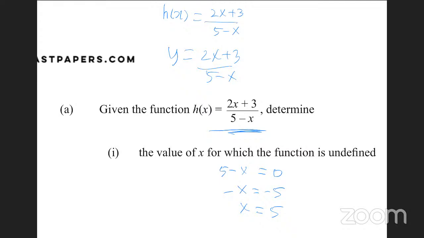Interchange x and y. Yeah, you have to write the word, you have to write all the steps.